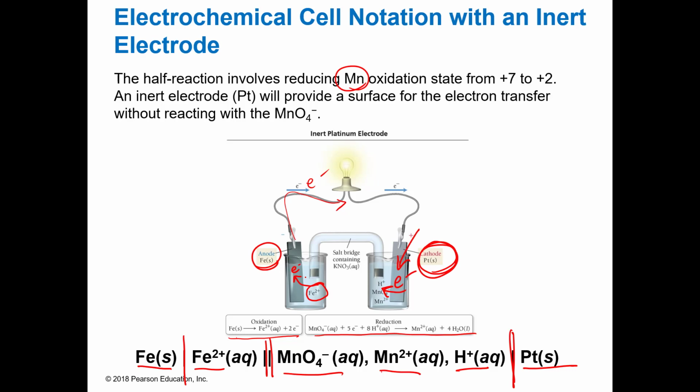So your electrons go from your iron solution to your iron electrode, and then those electrons are going to travel over to the platinum electrode, which is going to receive the electrons and then immediately eject them, and the whole reaction is going to take place right there in that solution. And so what you're doing is converting it from permanganate to manganese ion.